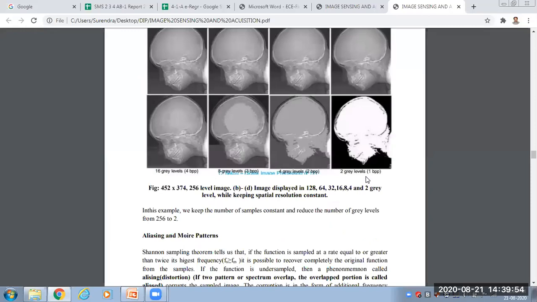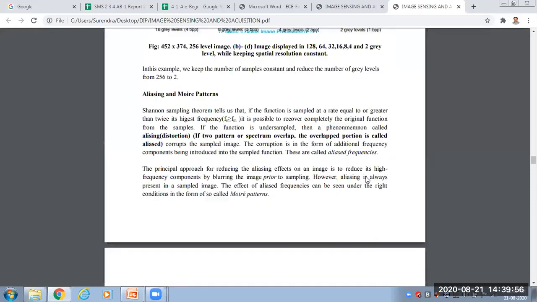Okay. Next, come to aliasing and Moiré patterns. You already know what aliasing is. Aliasing is the major problem in our sampling process.